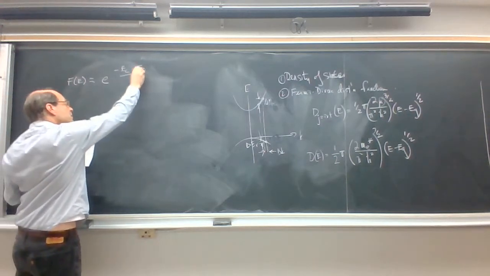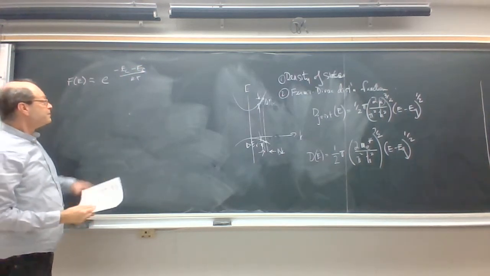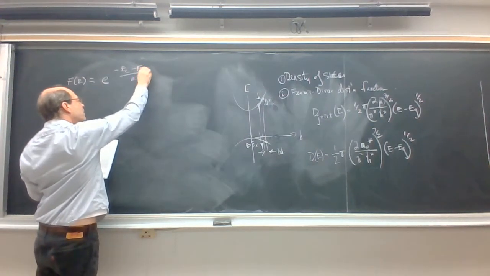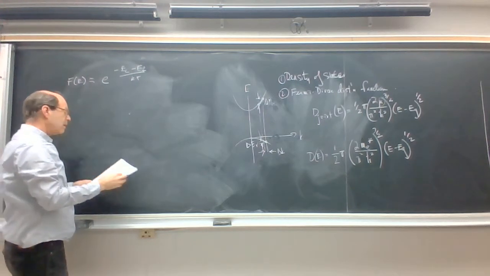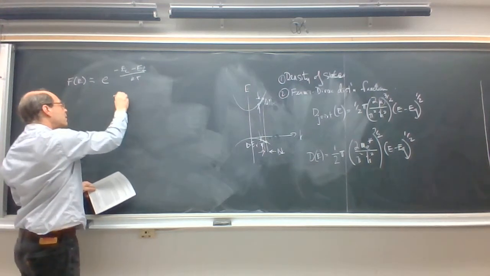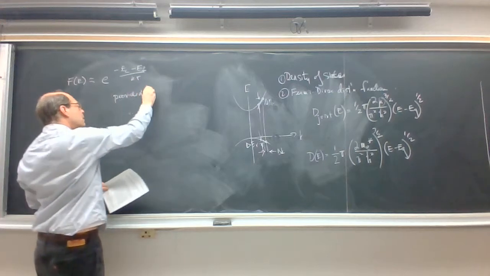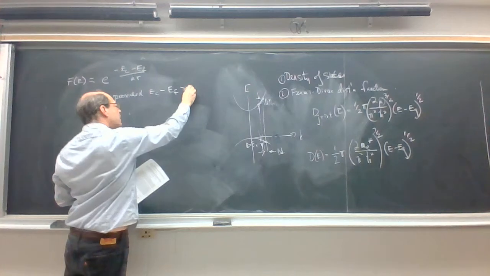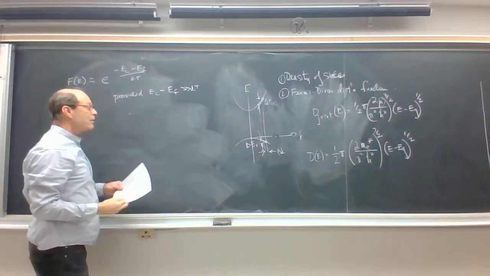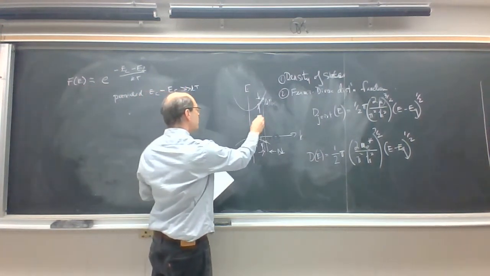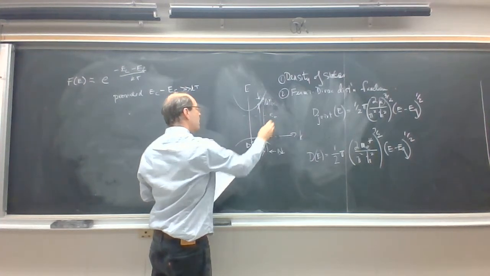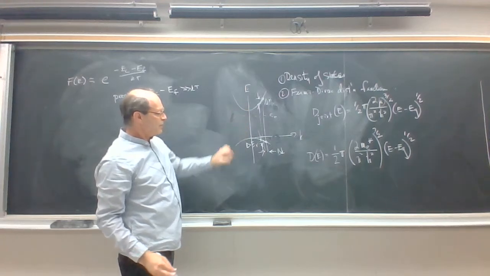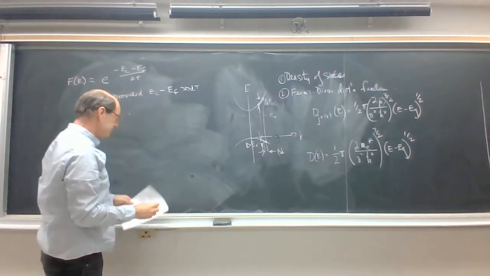Now this approximation is valid provided EC minus EF is much greater than KT. So it's valid so long as the Fermi energy is reasonably far from the bottom of the conduction band or reasonably far from the top of the valence band.